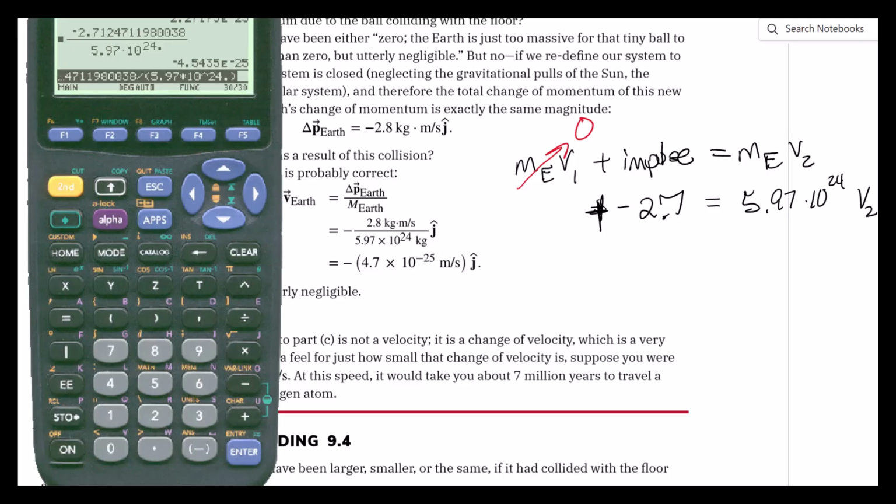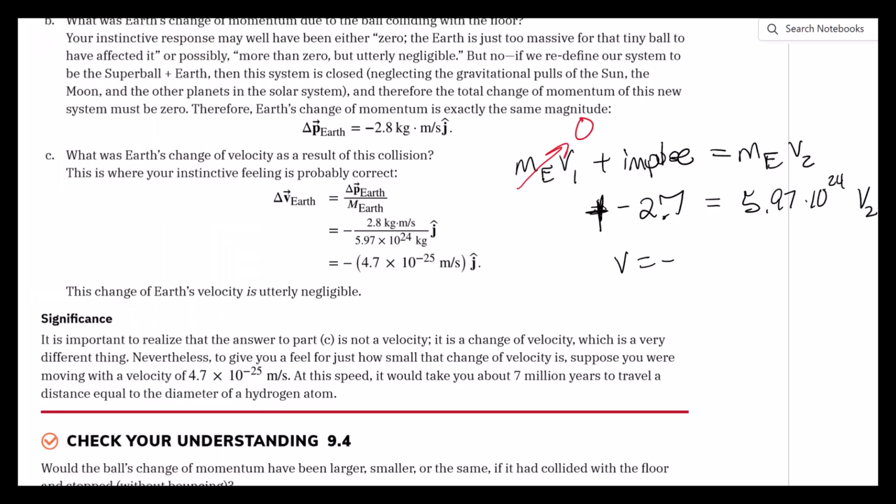Negative 4.54 times 10 to the negative 25 meters per second. So yes, the Earth does change position, but you're never going to notice. So who cares? It's fine.